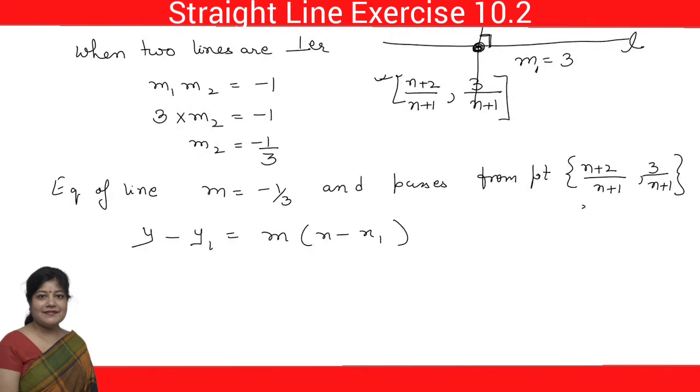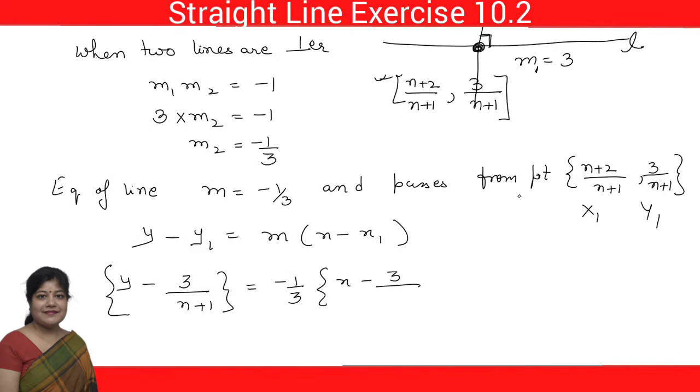So this is x1, this is y1. So y minus 3 by (n plus 1) equals minus 1 by 3 times (x minus (n plus 2) by (n plus 1)).